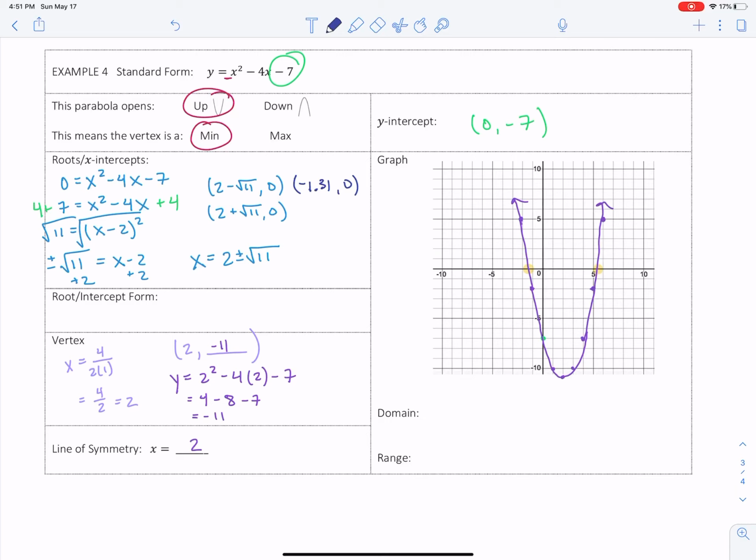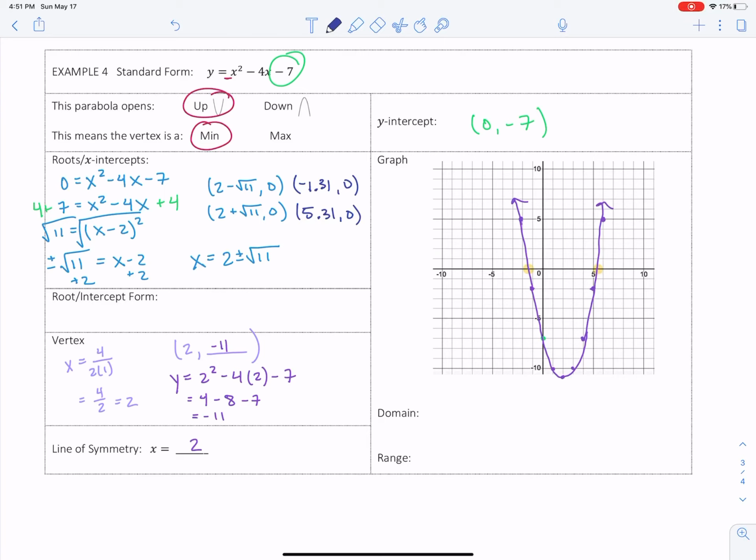So yeah, that works. And then we're going to do 2 plus the square root of 11, which is 5.31, and that goes through just over 5. So those roots actually do work, but they're pretty tricky here.